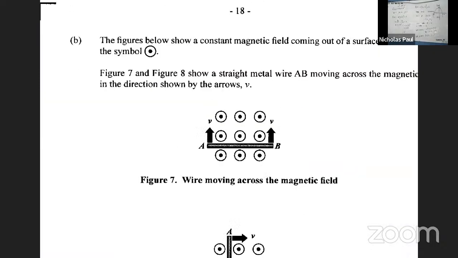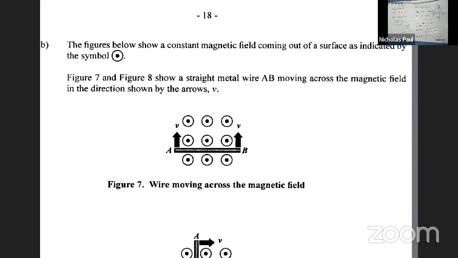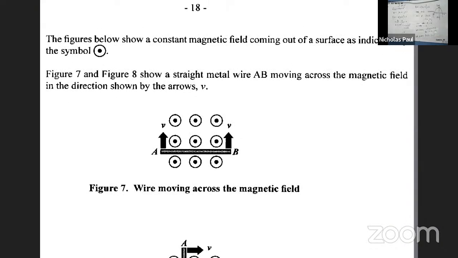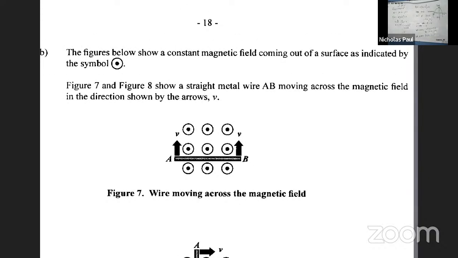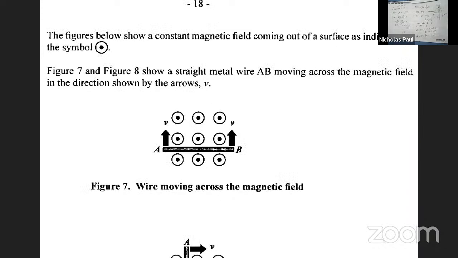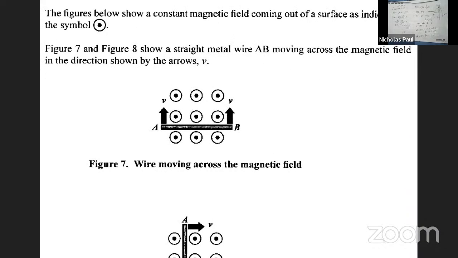Next one: the diagram below shows a constant magnetic field out of a surface as indicated by the symbol dot, so coming out. It shows a metal wire AB moving across the magnetic field in the direction shown.